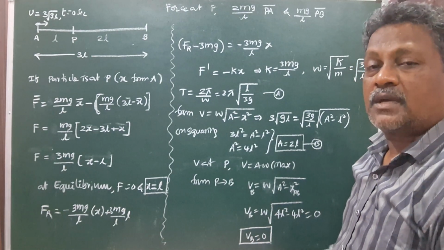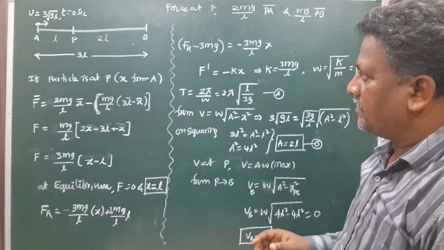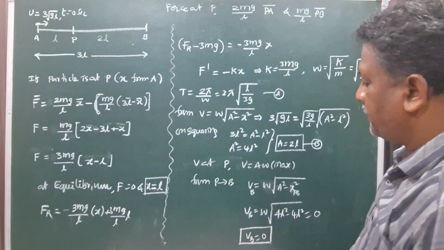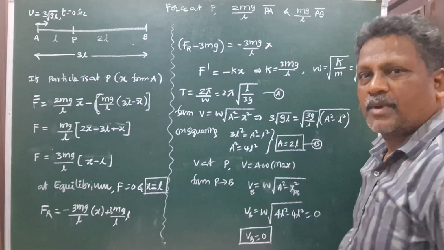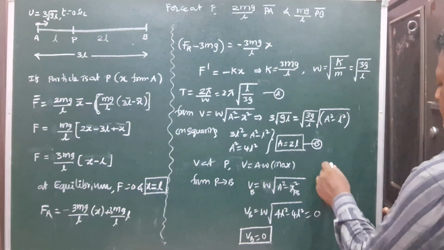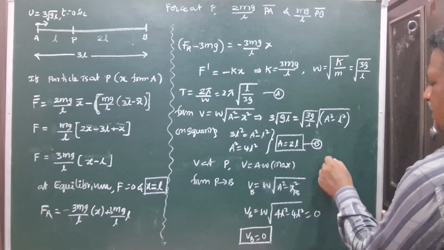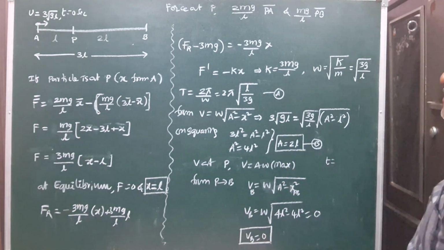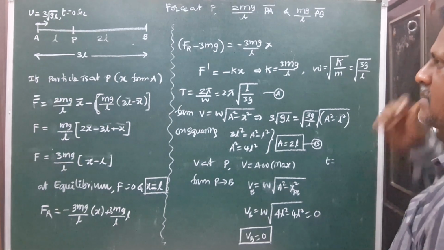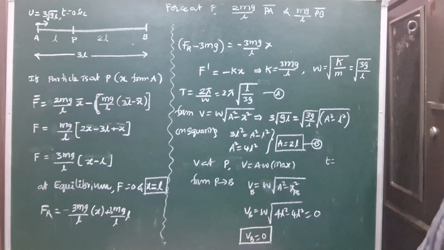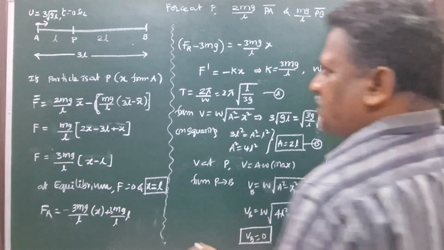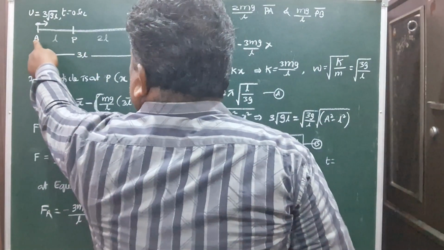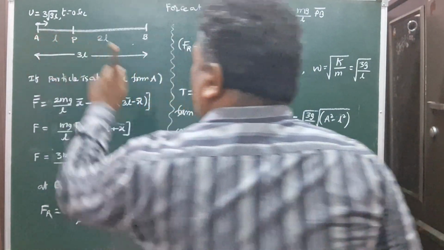Now what is the time taken by the particle on reaching from A to B? For A to P it takes a time of, because the displacement at this point with respect to the mean position is A by 2, L means A by 2.